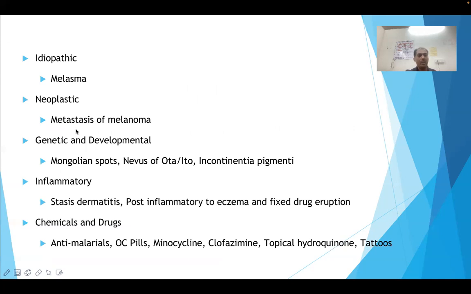Other causes are labeled idiopathic, neoplastic, genetic and developmental, inflammatory, and chemicals and drugs: antimalarials, oral contraceptive pills, minocycline, clofazimine, topical hydroquinone, tattoos, etc. are all causes of increase in skin pigmentation.